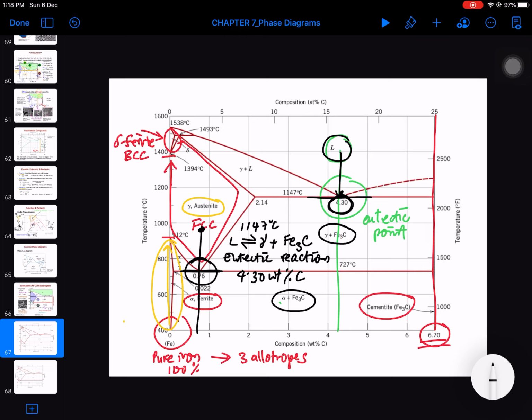So if we write down the reaction, it's austenite upon cooling, or upon heating, it will transform into alpha ferrite plus cementite.